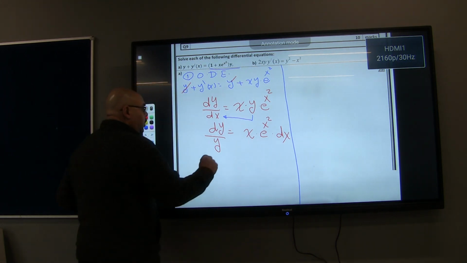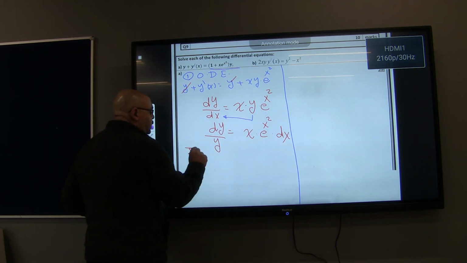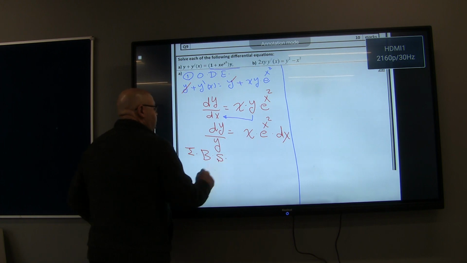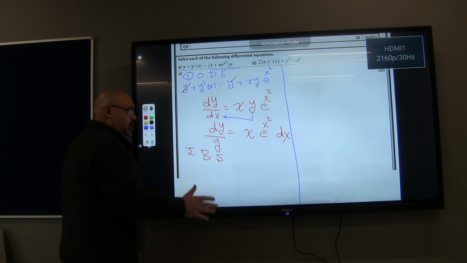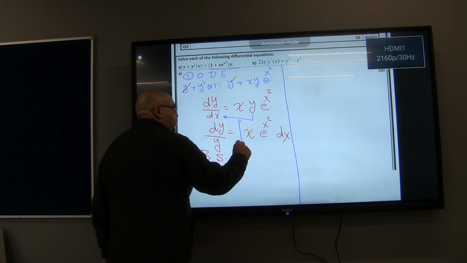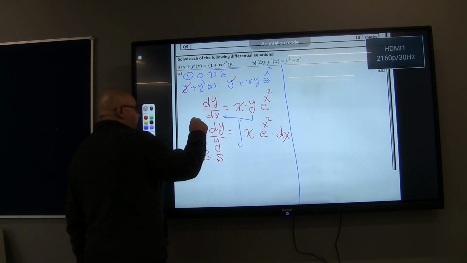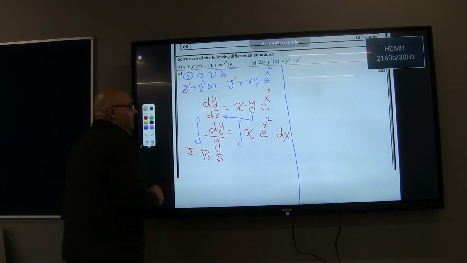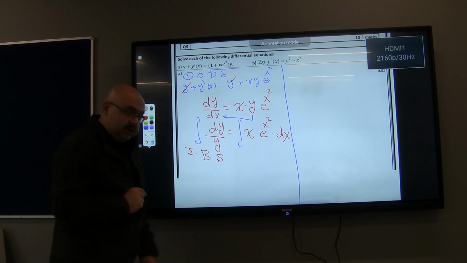All I have to do is to integrate both sides, each side with respect to its variable. So I'm going to integrate the right-hand side with respect to dx, while integrating the left-hand side with respect to dy.